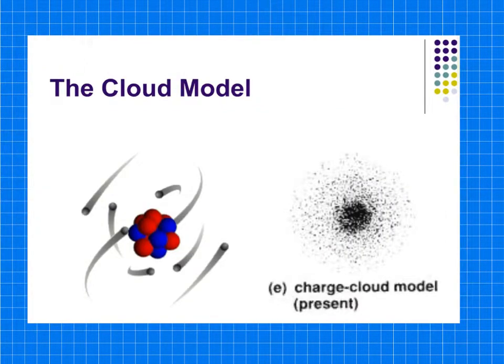In actuality, the atom looks more like a cloud, where the electrons are orbiting in all different directions and velocities.